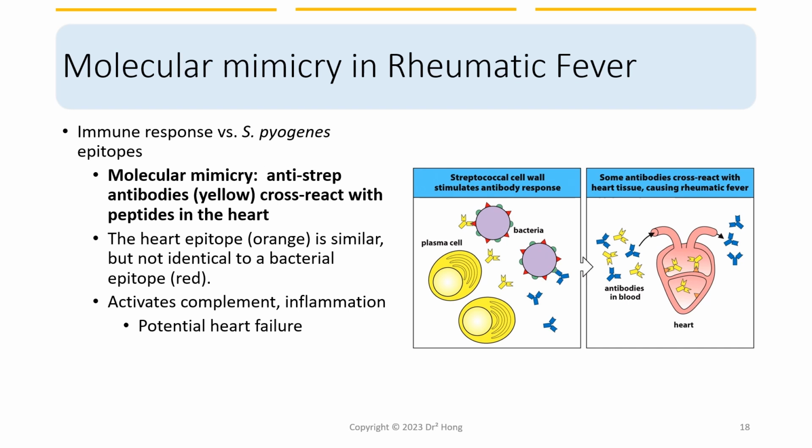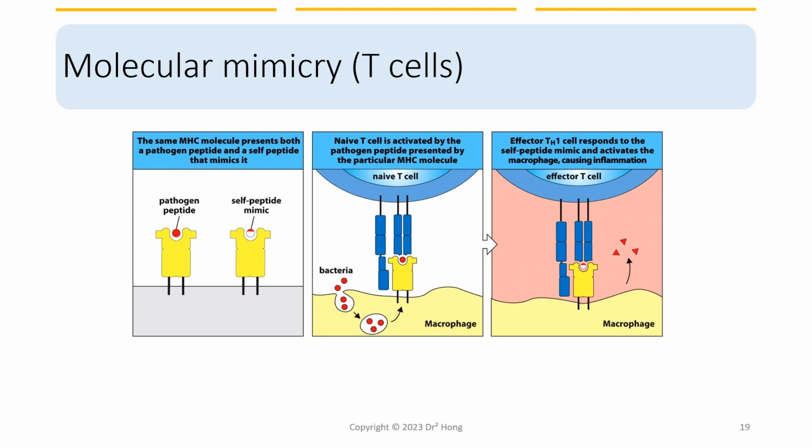The similarity between bacterial antigen and heart tissue self-peptide at the small peptide level makes them also attack heart tissues. This can lead to activation of complement, inflammation, and in some cases enough damage to the heart that can lead to heart failure. Molecular mimicry can also happen from the T cell perspective.